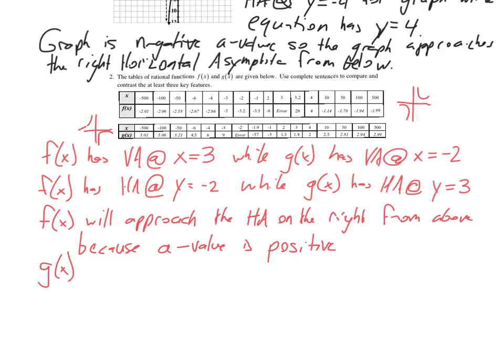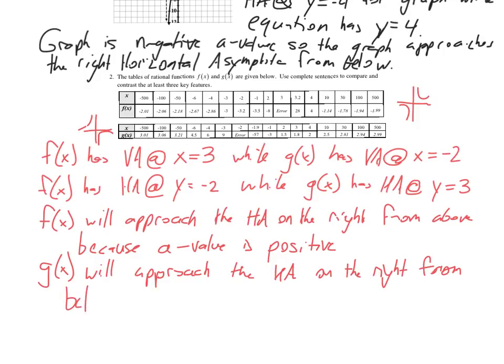G of x will approach the horizontal asymptote on the right from below because the a value is negative. That is the clarity that I want to see. Just stating an a value for one side or another doesn't really tell me as much as I want. So please make sure to do that when you're writing this.